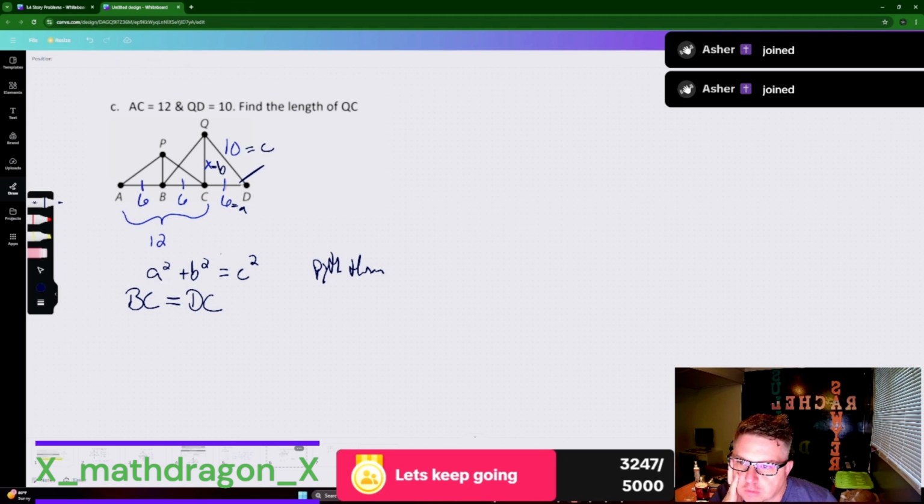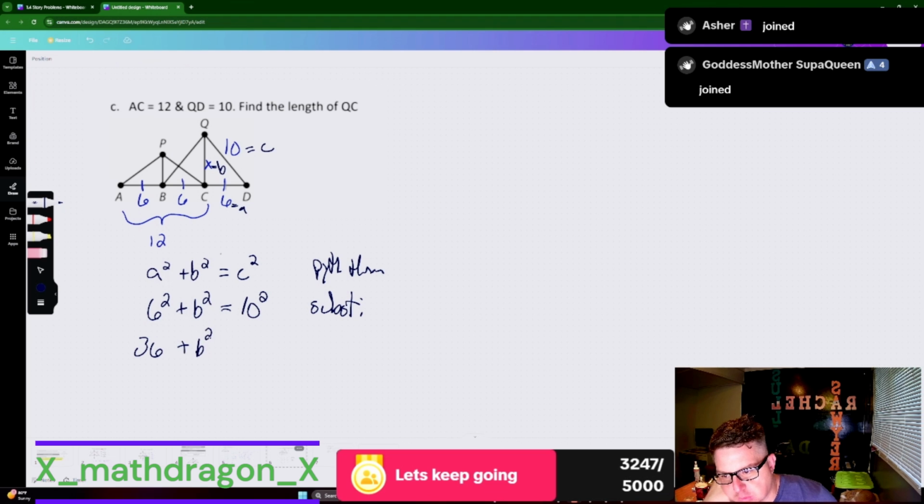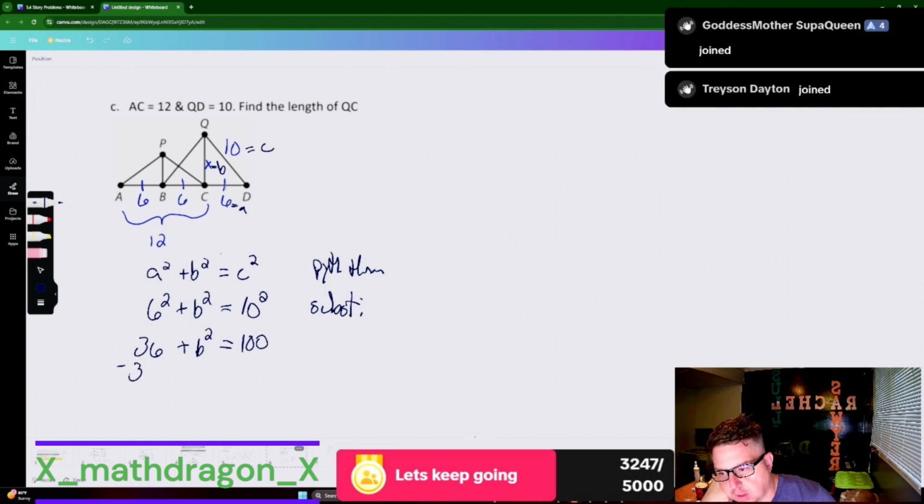Well, let's talk about QC, because without having to write a proof, we would do 6 squared plus b squared equals 10 squared, just substituting our numbers in, and 36 plus b squared equals 100, so we're back to our Pythagorean triple again, which means b squared equals 64. Take the square roots, and b is going to equal 8.